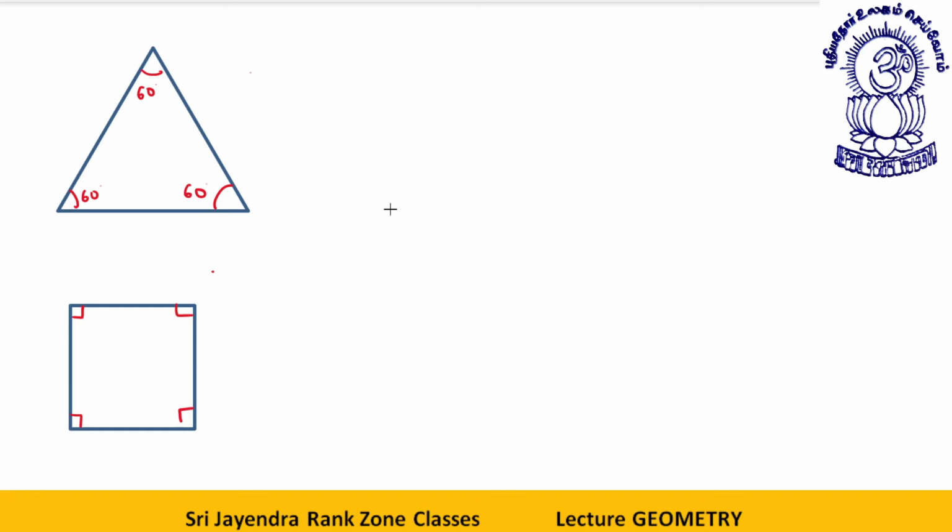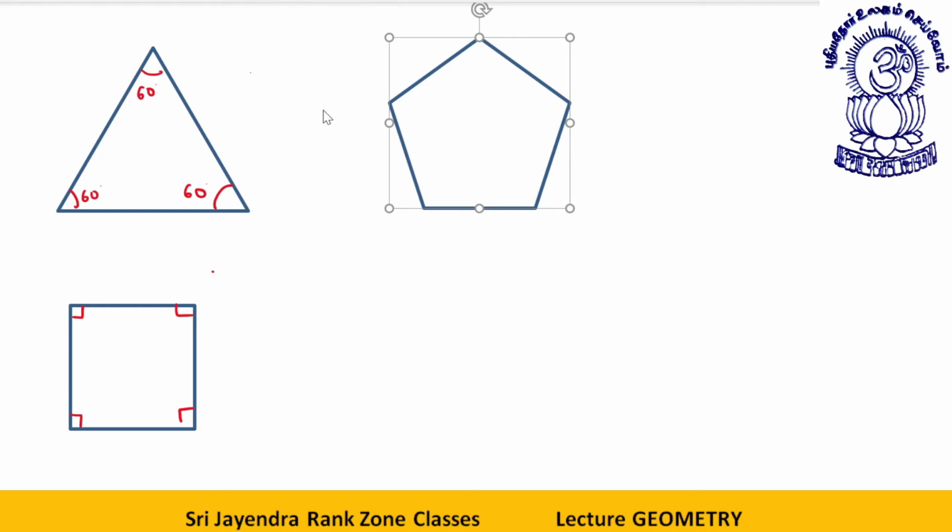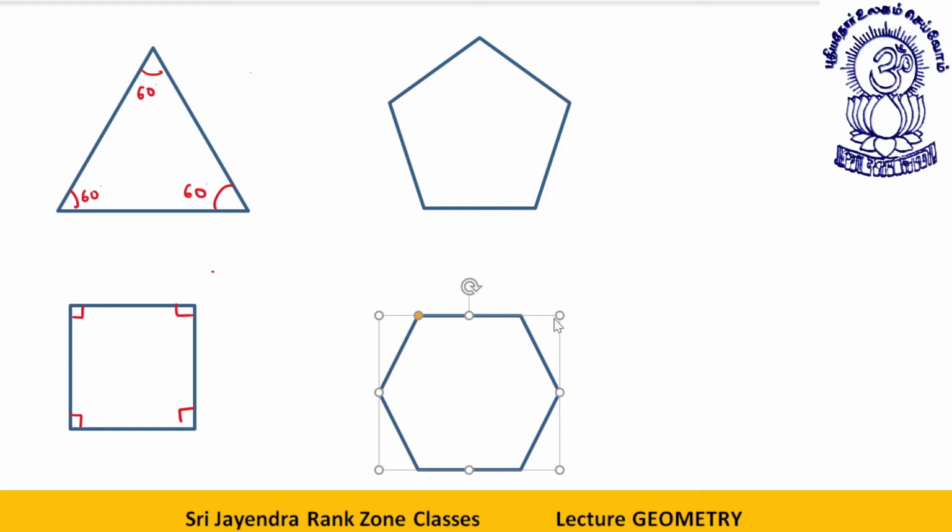I take a regular pentagon and lastly I take a regular hexagon. This is a regular hexagon. So dear students, what I mean to teach you is here all the angles are 90 degree. Here all the angles are 108 degree. Here all the angles are 120 degree. I will tell you each and everything.